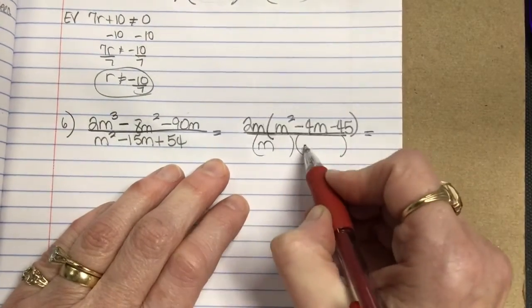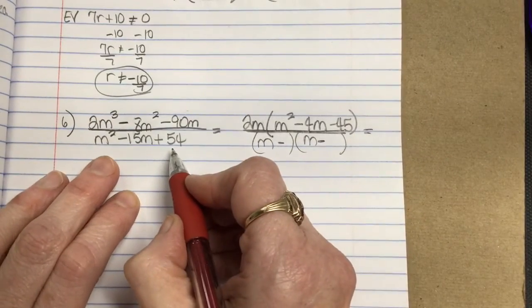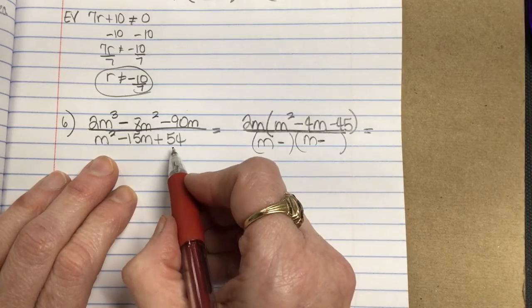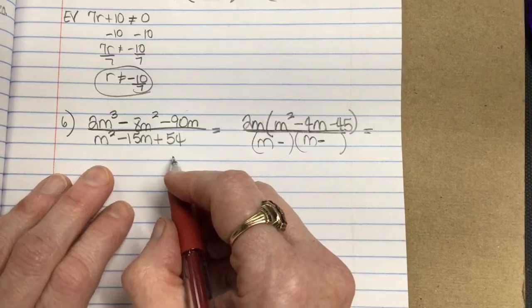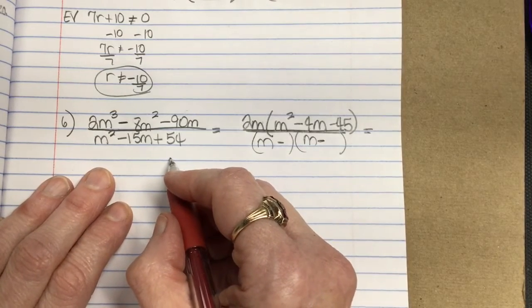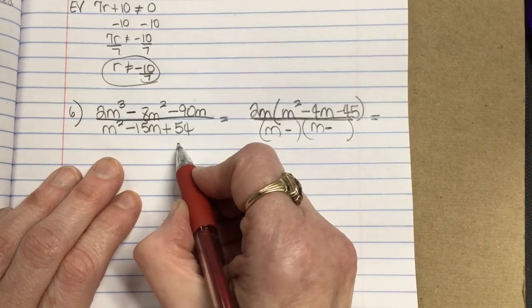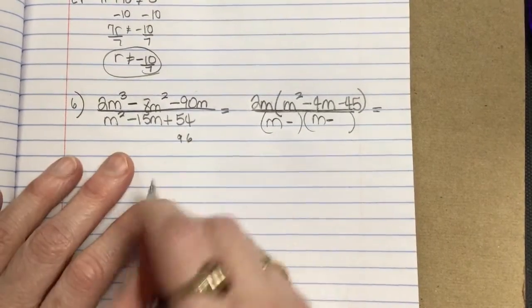It's m and m. They're both negative. And I need the sum of negative 15 and a product of 54. Is it 9 and 6? It's 9 and 6, yeah. It's usually the one that's in your multiplication tables. Not always, but that's a good one to try.